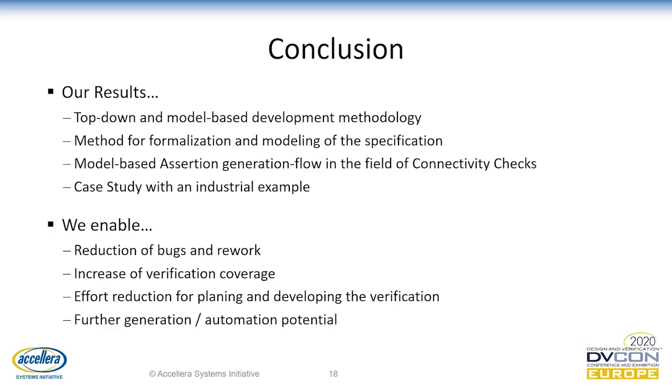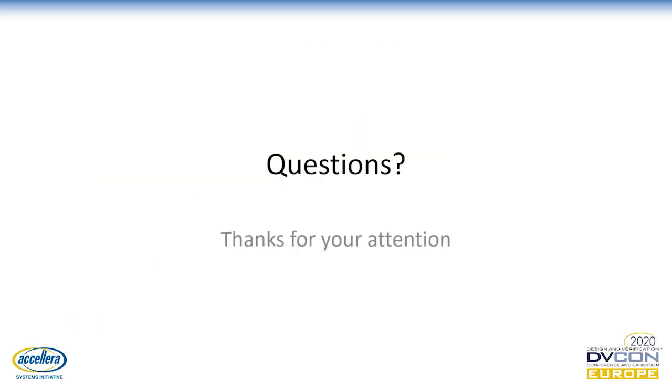For example, we think we can generate SystemC reference models directly out of our model. And this is, I think, the biggest benefit of all the work, because the modeling is a big additional effort, and we have to think about how we can get further potential to reduce the effort overall. Yeah, this was my presentation.